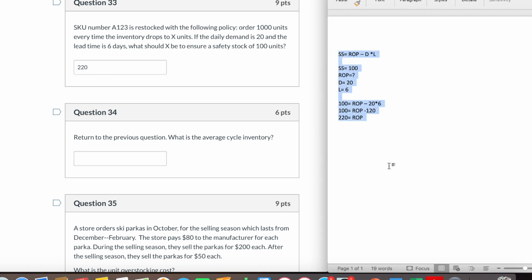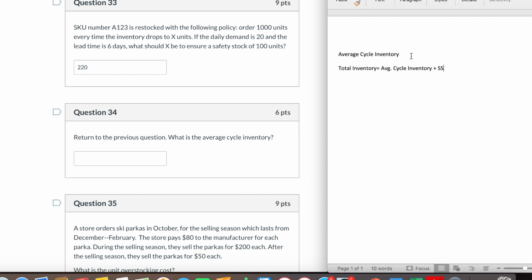Return to the previous question. What is the average cycle inventory? Be careful with this question. They're asking for average cycle inventory. They are not asking for total inventory, because total inventory equals average cycle inventory plus safety stock. These are two different things.